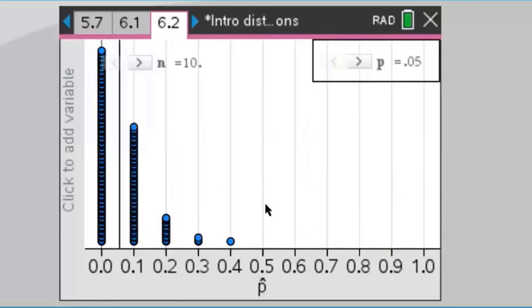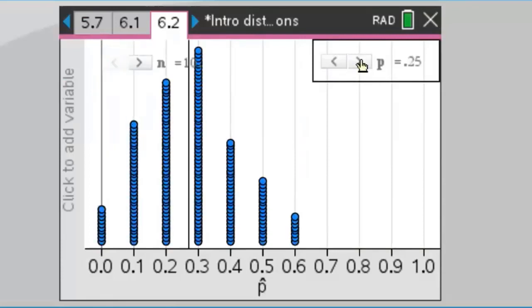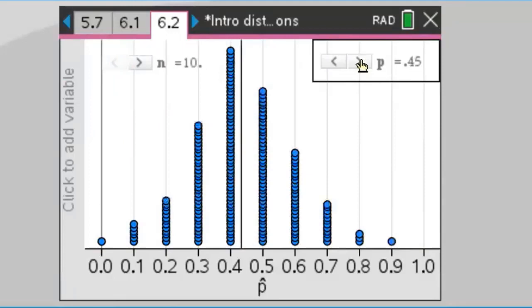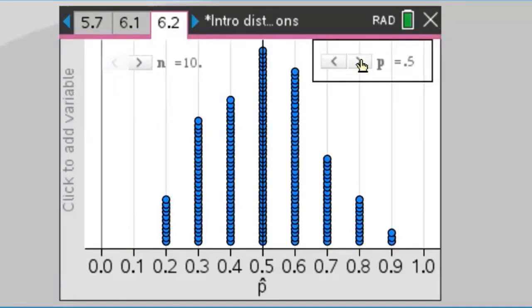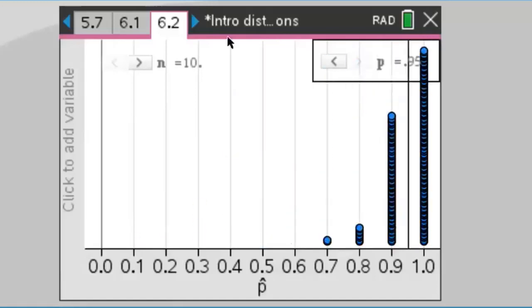So with this sample size 10 at least, we can see that the spread becomes less. So the spread is greatest when the population proportion is 0.5, and the spread is least when p is either close to 0 or close to 1. And we also see that it becomes less symmetrical.